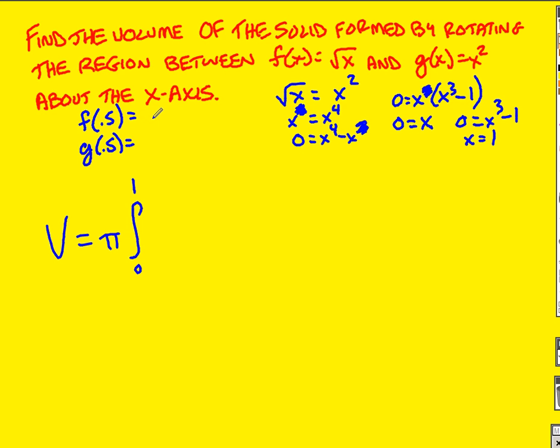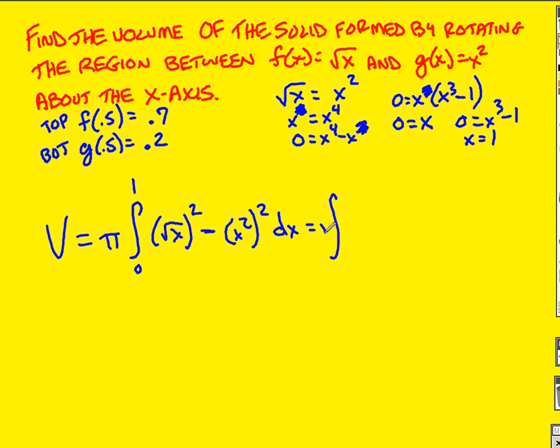Well, the square root of 0.5 is about 0.7, and 0.5 squared is about 0.2. So that means f of x is my top function, and g of x is my bottom function. So I need to do first f of x, which is the square root of x, that's squared, and then subtract my bigger one, which is x squared, that function squared, dx.